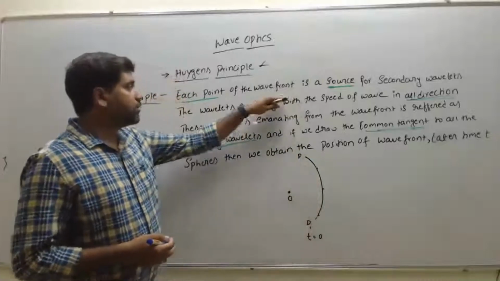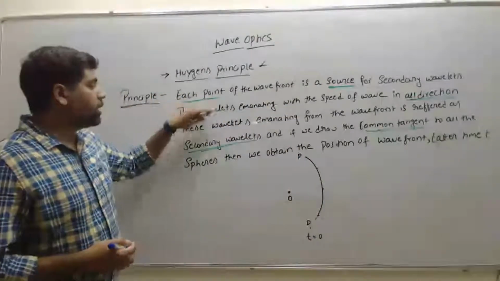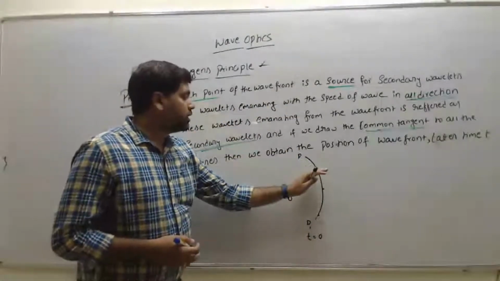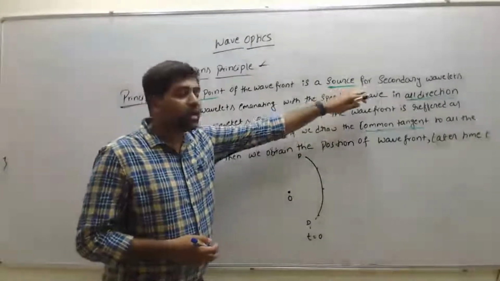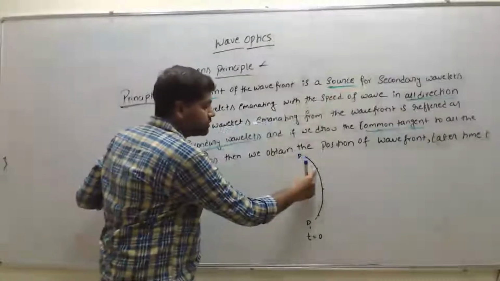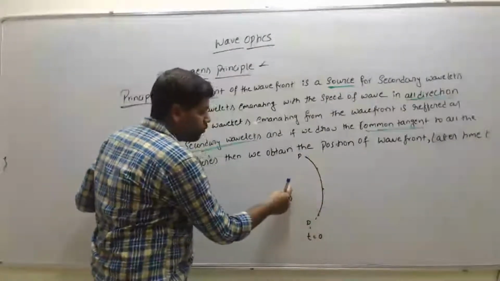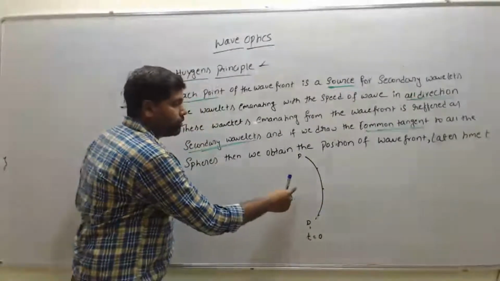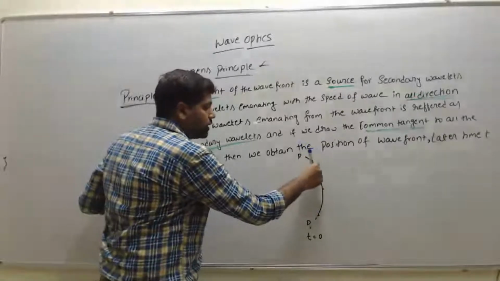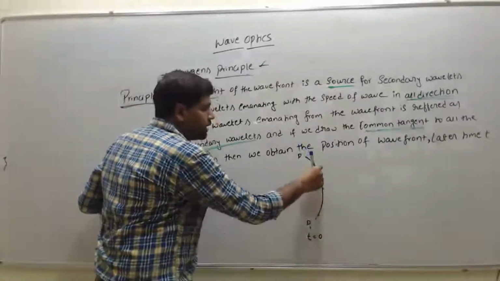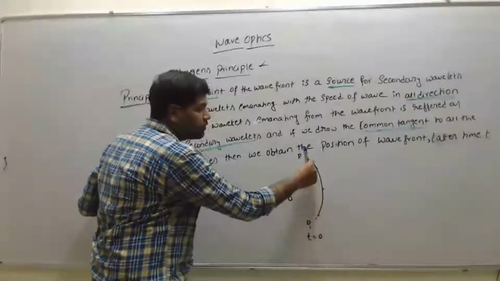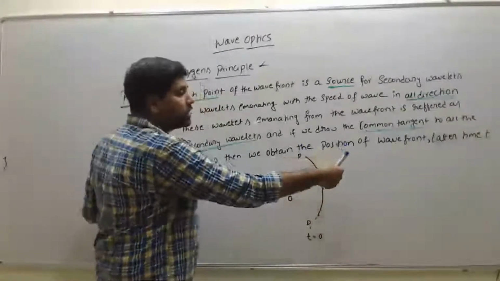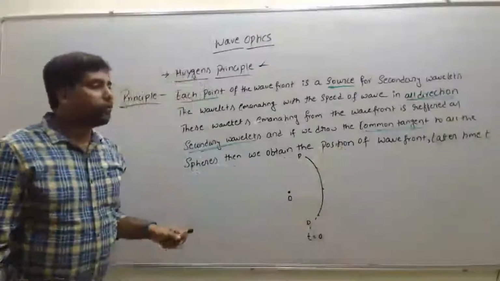What the statement says is each point acts as a source for the secondary wavelets. So here we have 3 points, and each point acts as the source for the secondary wavelets. That is how we are going to find the new wavefront.